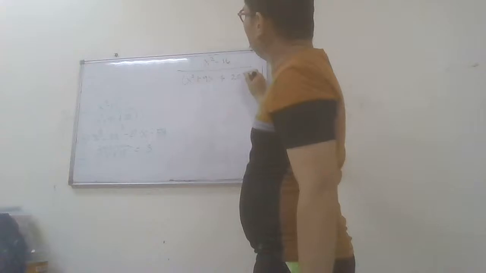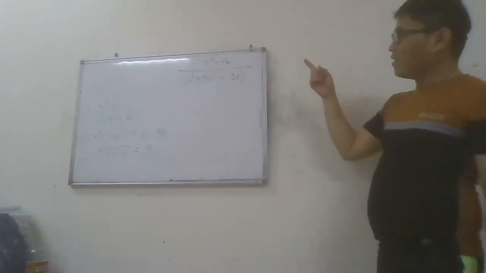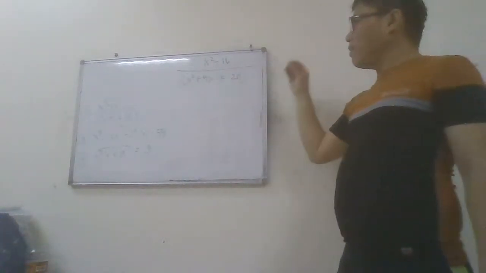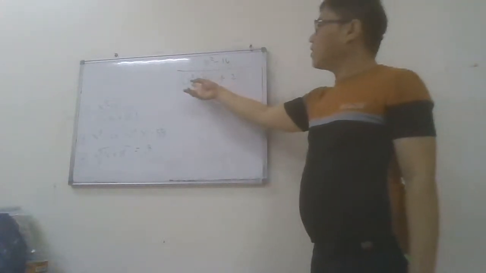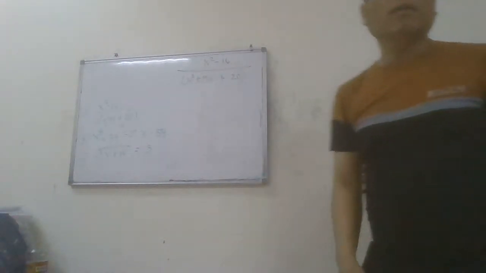So this is again a division, a rational expression, or ratio between x squared minus 16 and x squared plus 9x plus 20. How can we solve that one?